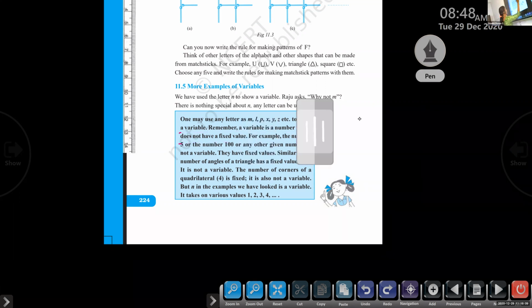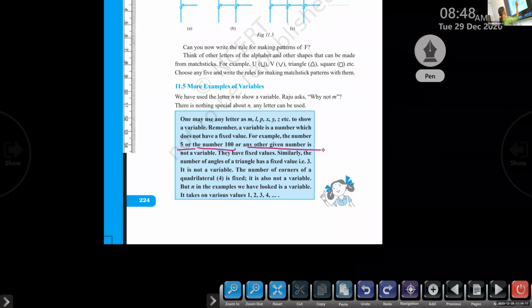For example, the number 5 or the number 100 or any other given number is not a variable. They have fixed values.